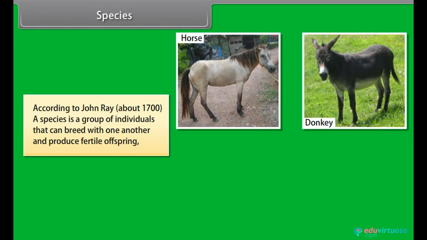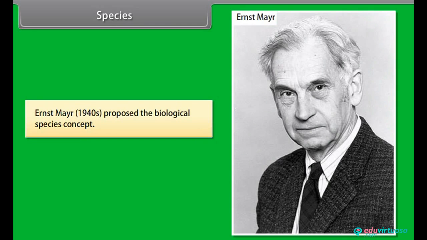Species. According to John Ray, about 1700, a species is a group of individuals that can breed with one another and produce fertile offspring. Ernst Mayr, 1940s, proposed the biological species concept. Genus.